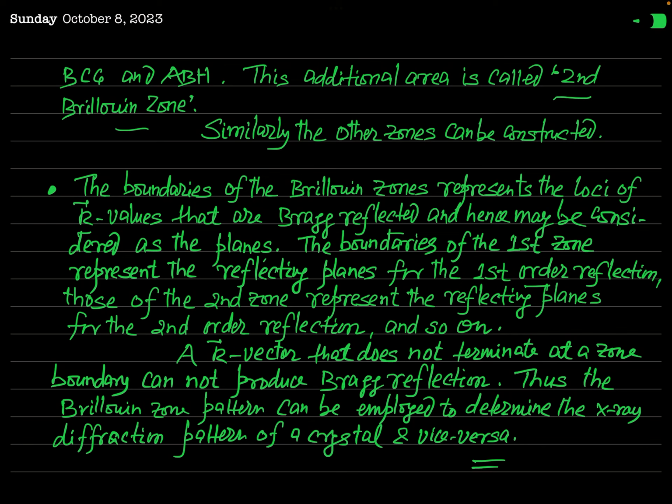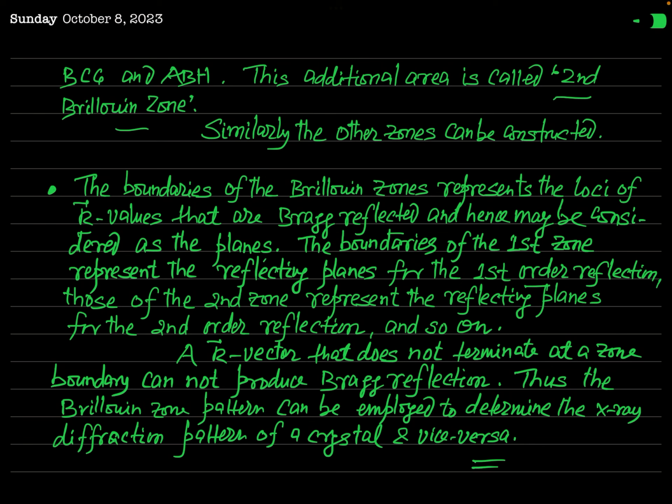When you are talking about the first Brillouin zone, you can say from the boundary of the first Brillouin zone, Bragg's reflection will take place. But what will be the order of that Bragg's reflection? Actually, if Bragg reflection takes place from the boundaries of the first Brillouin zone, the order of Bragg reflection will be 1. And in a similar manner, if Bragg's reflection takes place from the boundary of the second Brillouin zone, the order of Bragg reflection will be 2.